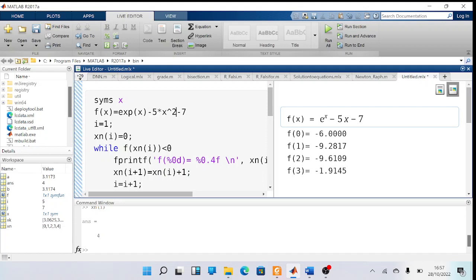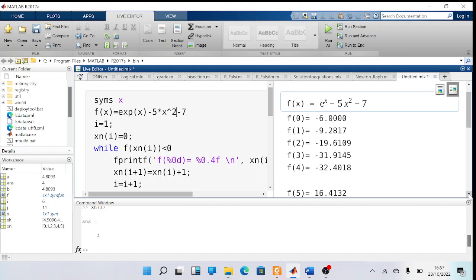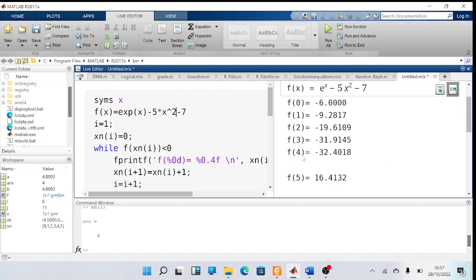For the original function, the root lies between 3 and 4. But suppose we change this from 5x to 5x squared and run, so that we have now a different function. We see that f of 4 is still negative, but f of 5 is positive, so it means that the root lies between 4 and 5.